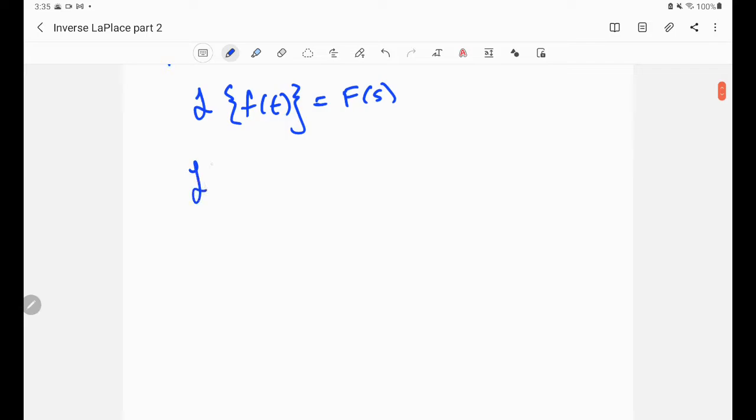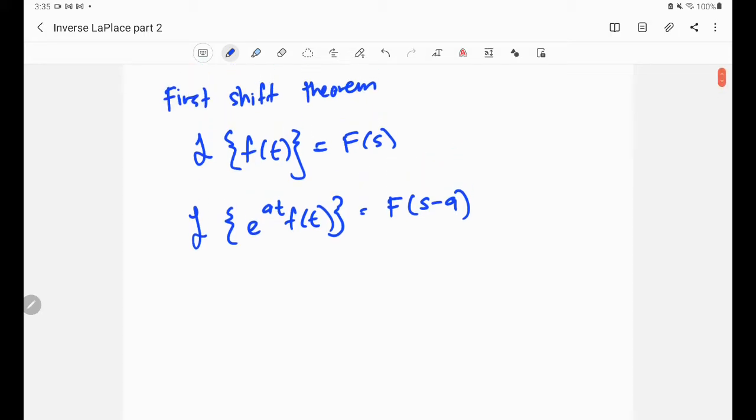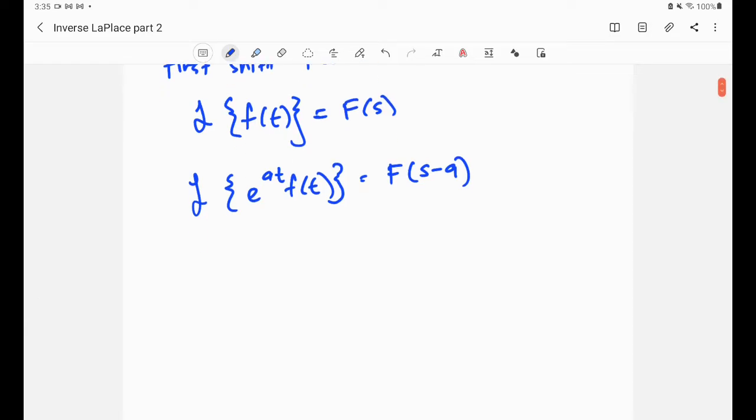But if we have the same function with e^(at), then our function has now been shifted by a. S has been shifted by a in the transform version. Okay, so we will use this to perform inverse Laplace transform in the opposite direction.